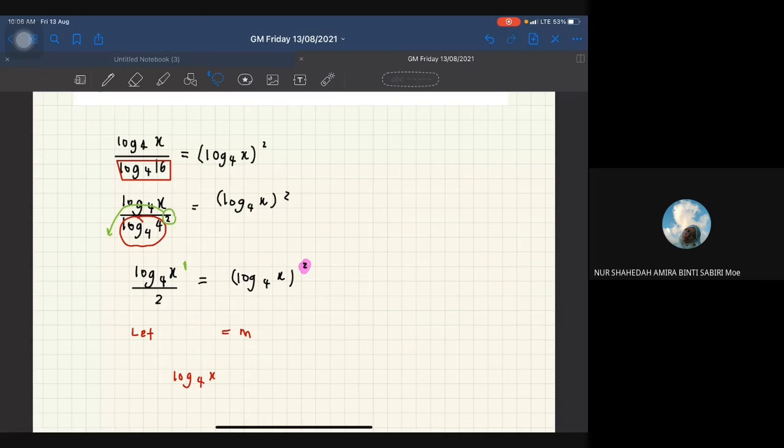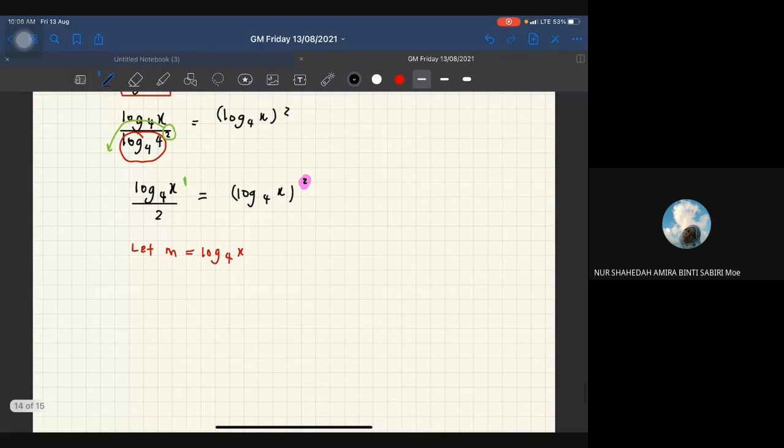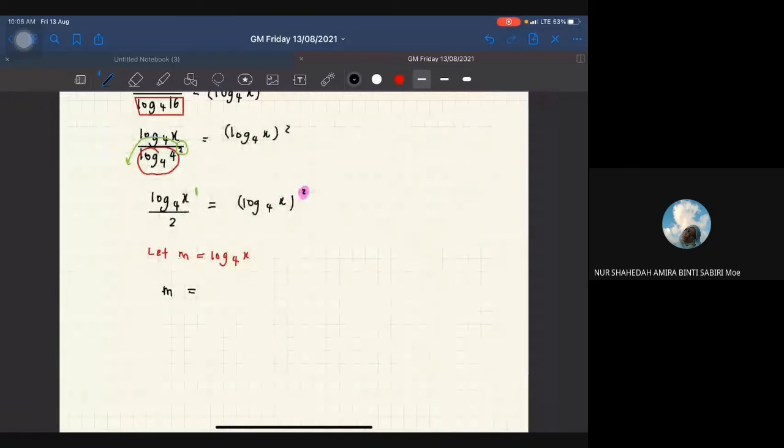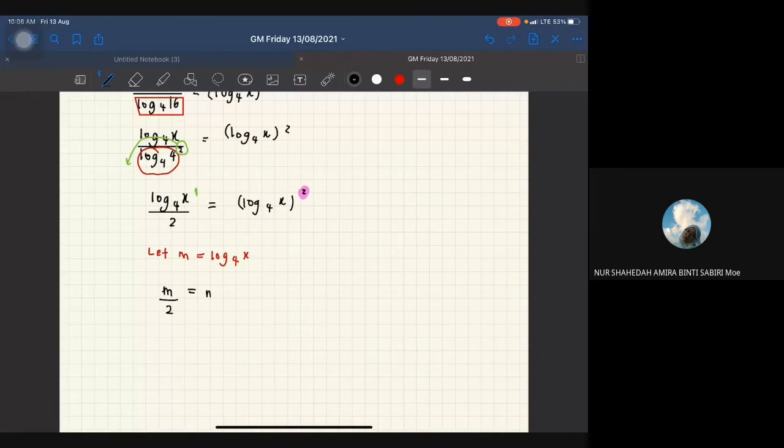Okay, macam tu. Okay, so awak akan ada m over 2 equal to m square. Okay, and then saya nak hilangkan 2 ni, so saya darabkan everything with 2. So you have m equal to 2m square.